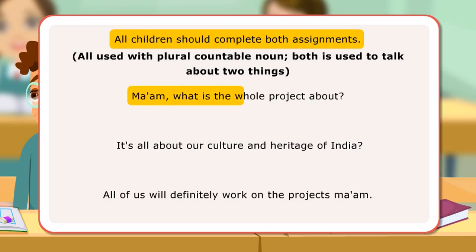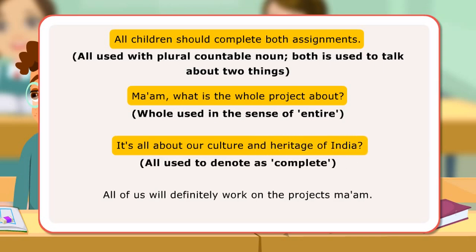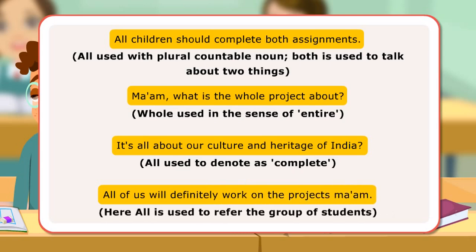Ma'am, what is the whole project about? Whole is used in the sense of entire. It's all about our culture and heritage of India. All is used to denote as complete. All of us will definitely work on the projects, ma'am. Here, all is used to refer to the group of students.